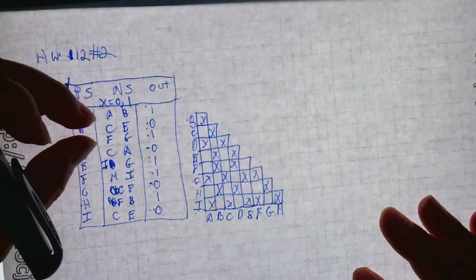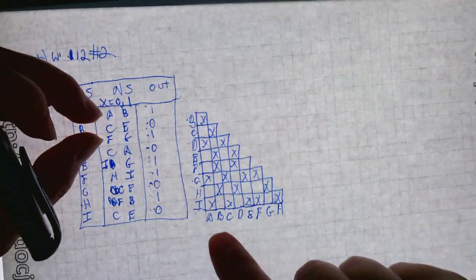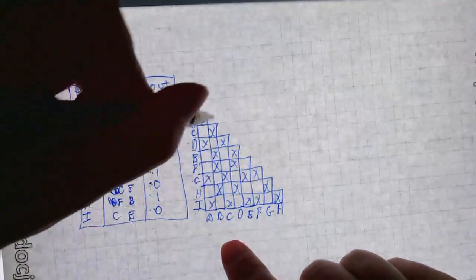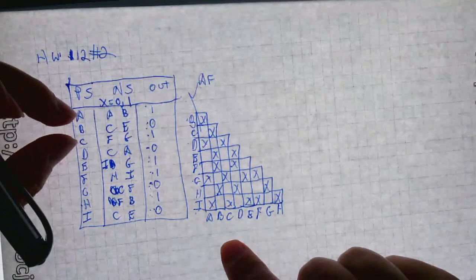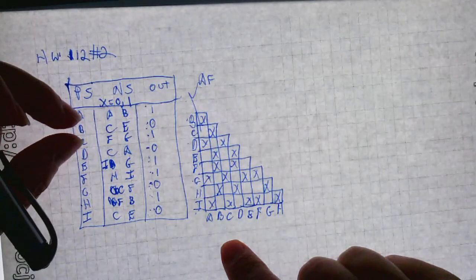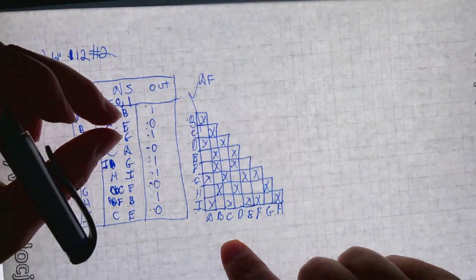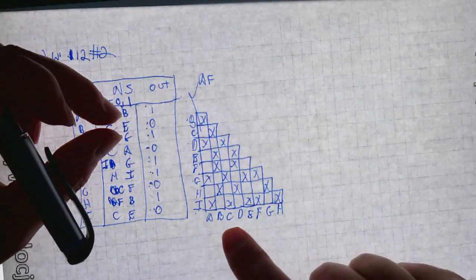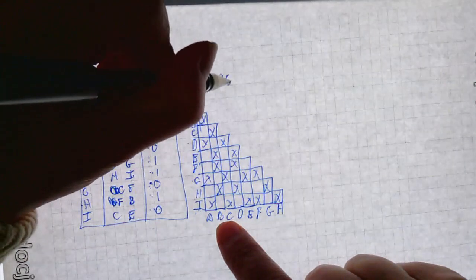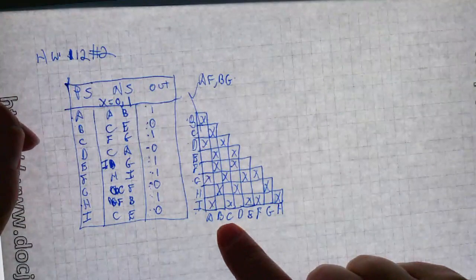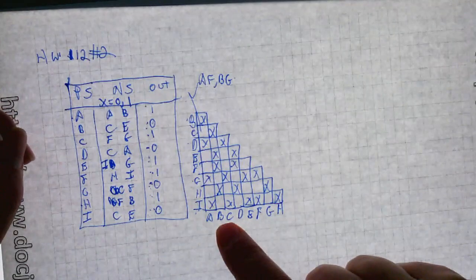A is equivalent to C if A is equal to F. We don't know about that. It also requires B equal G. Now let's take a look at some of these things it depends on.